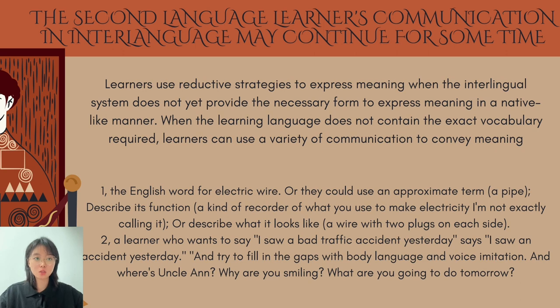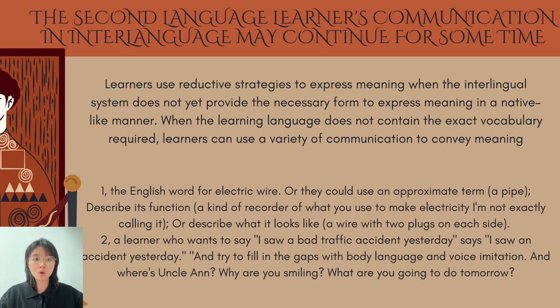The second language learners' communication in interlanguage may continue for some time. Learners use reduction strategies to express meaning when the interlanguage system does not yet provide the necessary form, when the learner's language does not contain the extra vocabulary required.